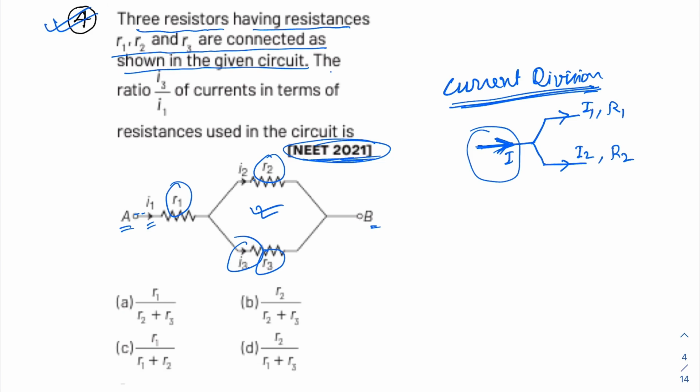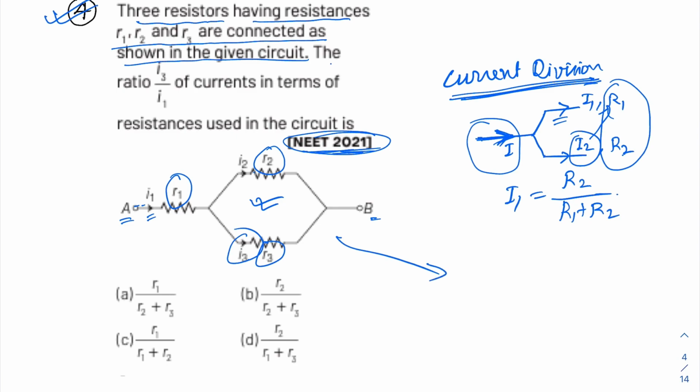Now if we need to find I1, in this branch, then we consider the opposite resistance, R2, divided by the total of these 2 only, R1 plus R2. This is your current division formula. Similarly for I2, we need to take R1.